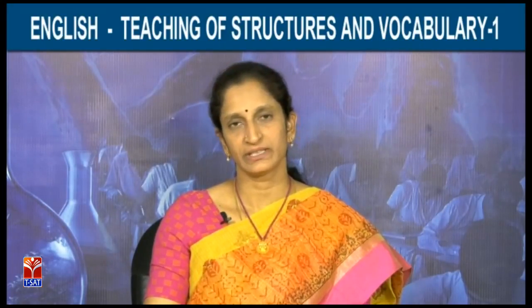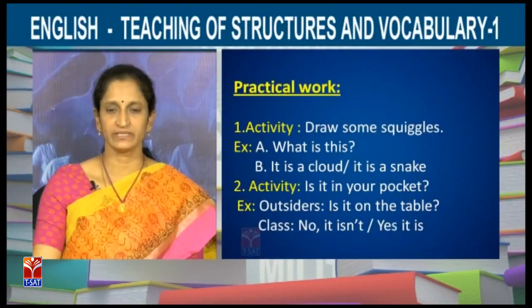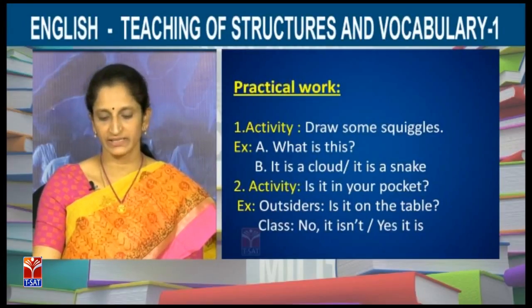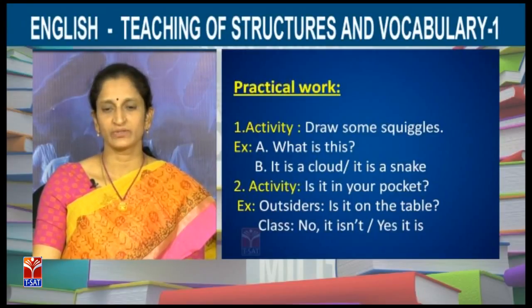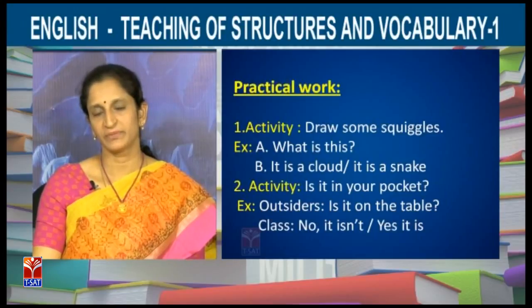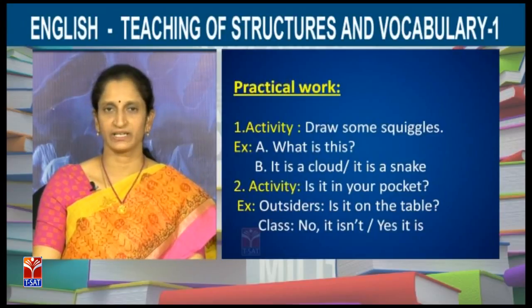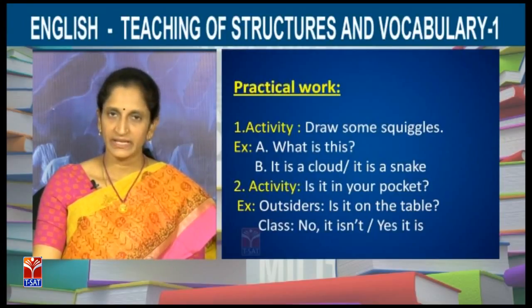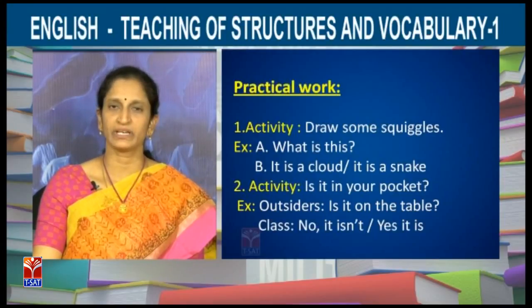So here in this activity the teacher will draw some squiggles on the blackboard. So based on these squiggles, immediately the teacher can ask the students, what is this? Their perception may be different by looking at the curved lines.